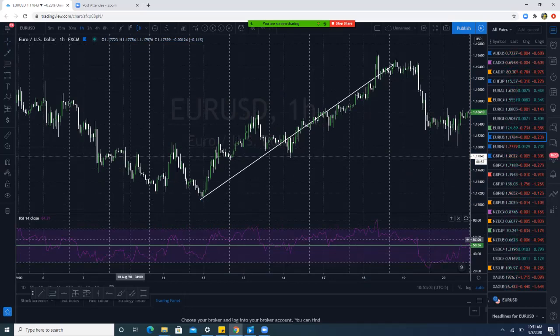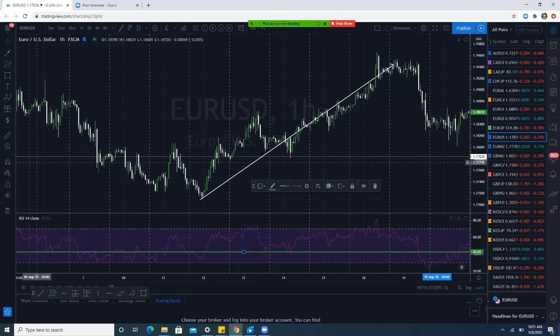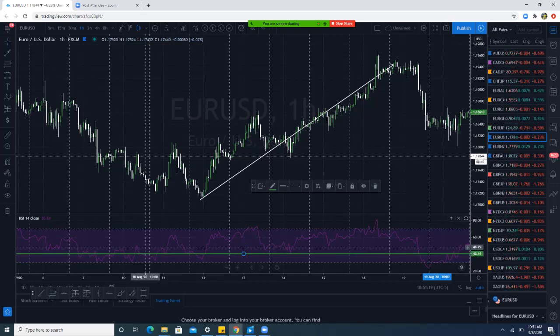What you can do is find, and I like to kind of zone it out, to be honest. I like to go between 40 and 50 as a trading zone. And I'll show you why that's important. This is something that I learned from one of my mentors who's a master at trading RSI.